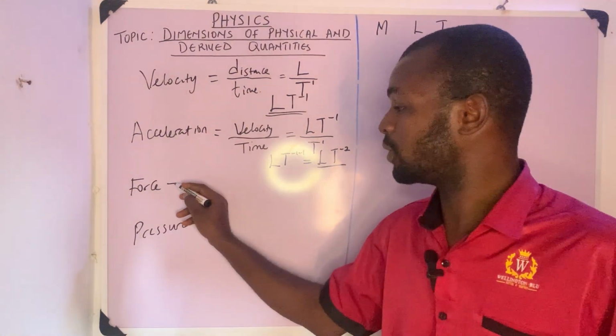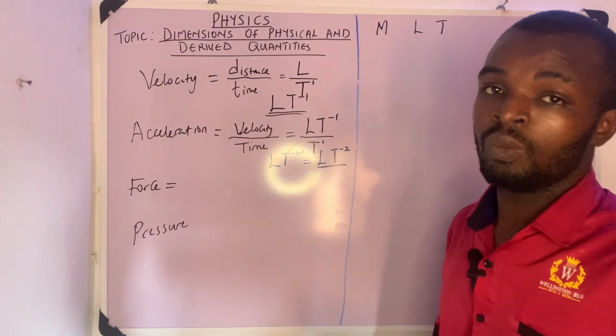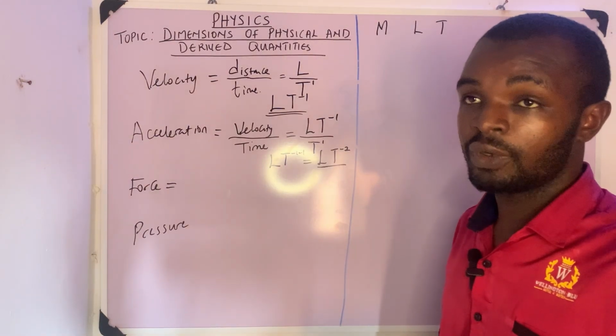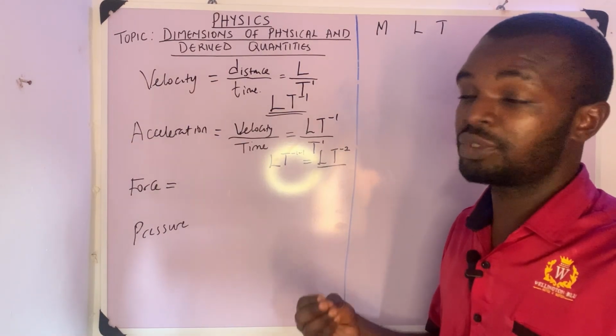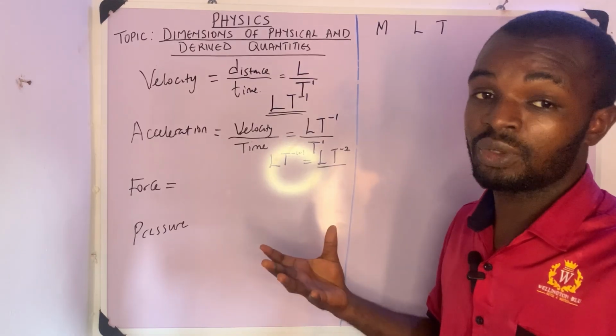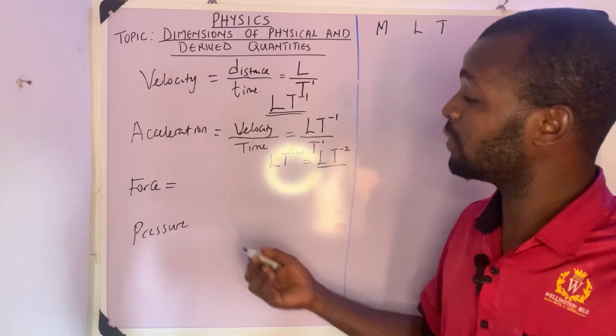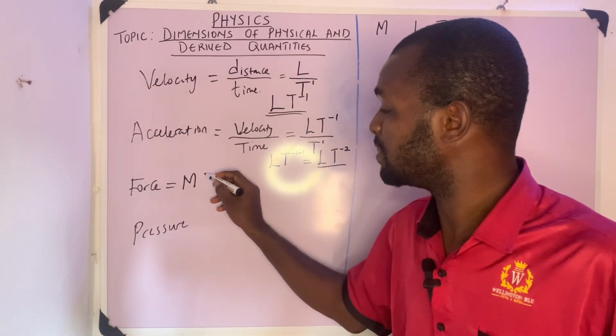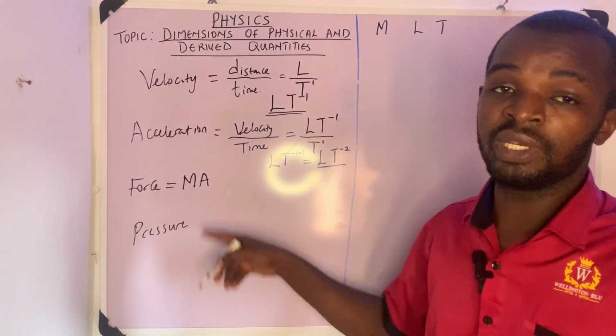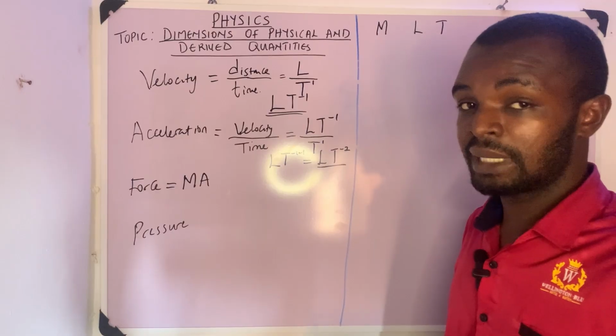Next one is force. What is force? Remember, in dimension, to find the dimensions of any quantity, you must know their formula. So the formula for force is mass times acceleration, which is ma. Mass times acceleration.